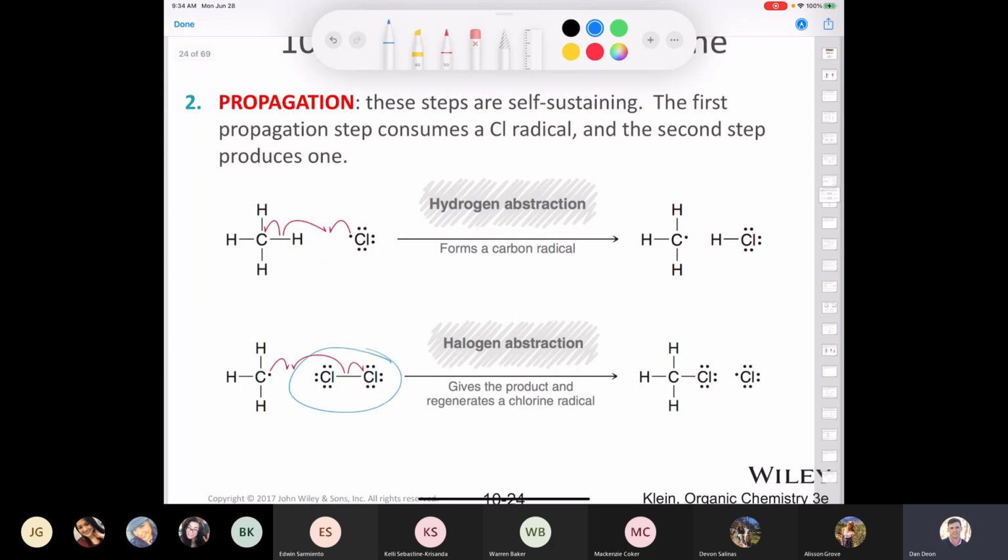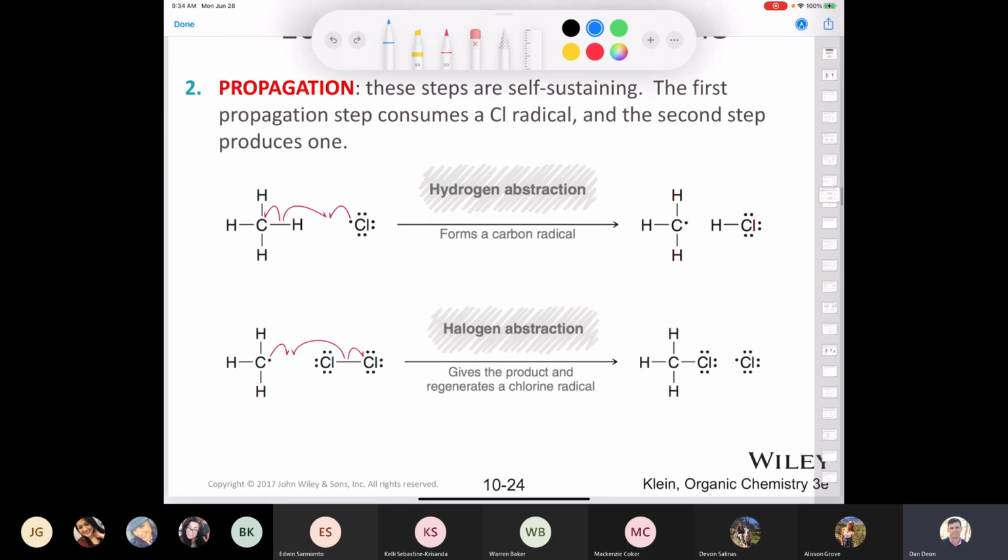We still have most of it as just molecular chlorine, Cl2. So the methyl radical can react with a molecule of chlorine to produce methyl chloride, our product, plus we make a new chlorine radical.